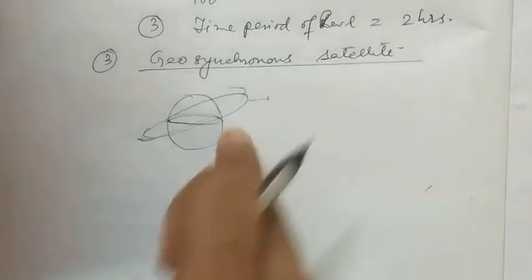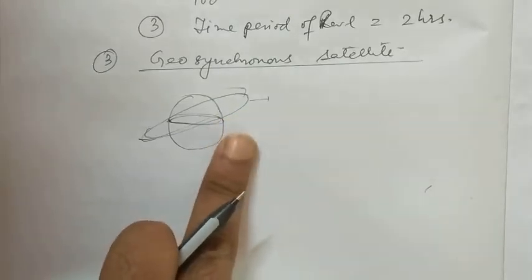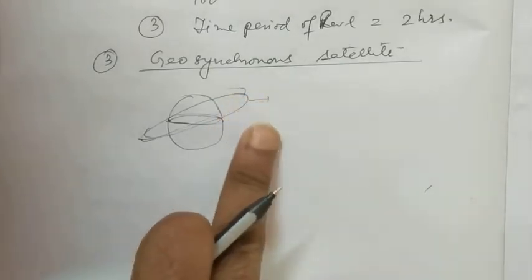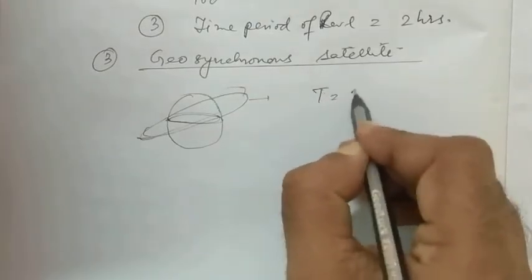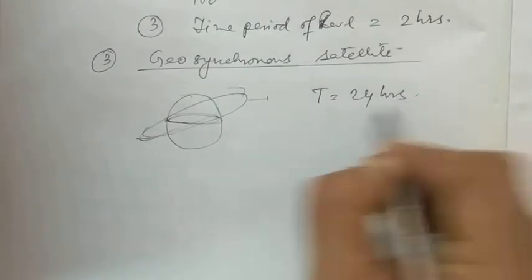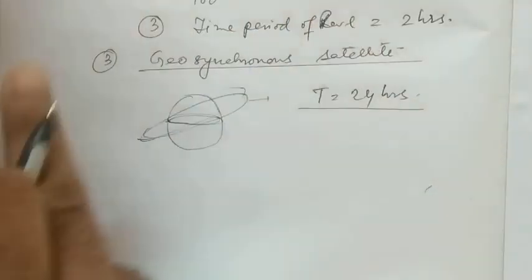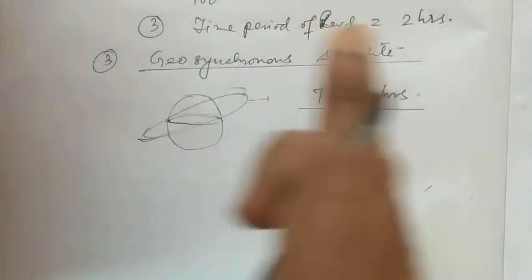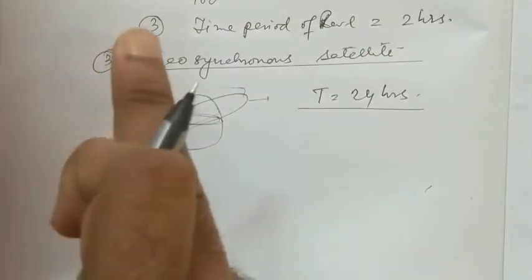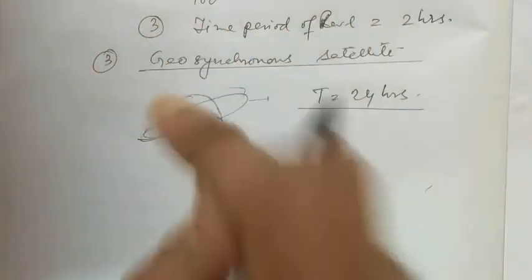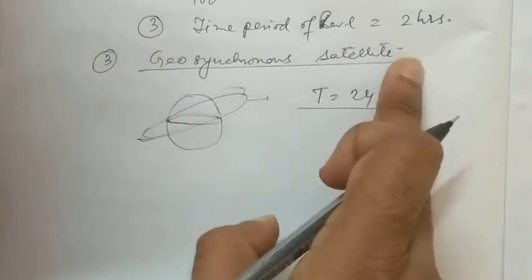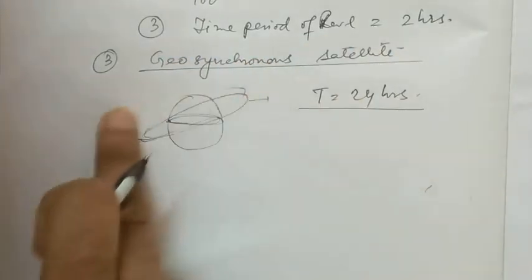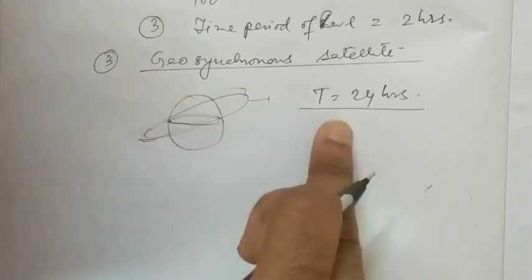Now, if the orbit of a satellite is inclined with the equatorial plane and the satellite revolves around the Earth once in 24 hours, similar to what we have studied in the case of the geostationary satellite. So I have said that a geostationary satellite is a special type of geosynchronous satellite in which the equatorial plane and the plane of rotation of the satellite become the same plane.